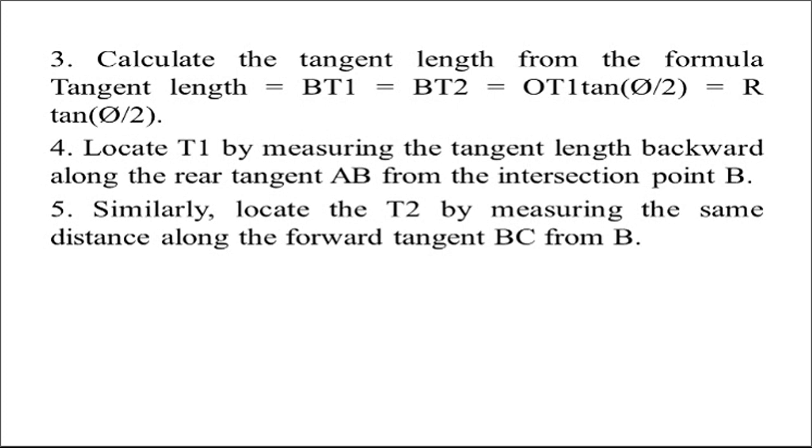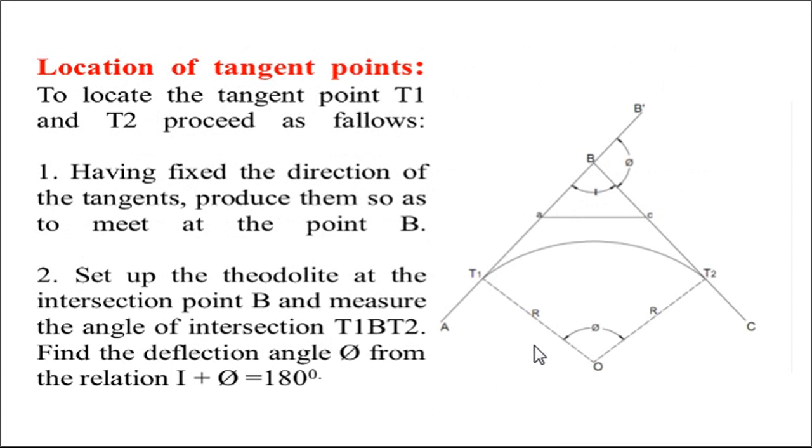So, from this figure, by knowing R and phi, we can find the tangent lengths T1B and T2B by the formula. Whatever tangent length we have calculated, we set from point B up to T1, and that fixes the position of the first tangent point.